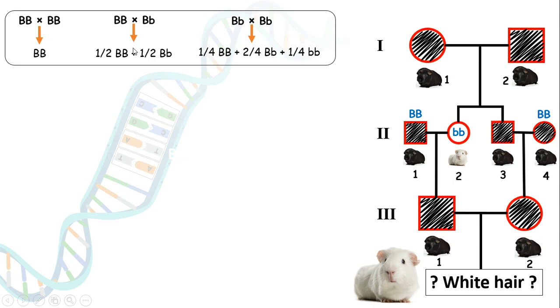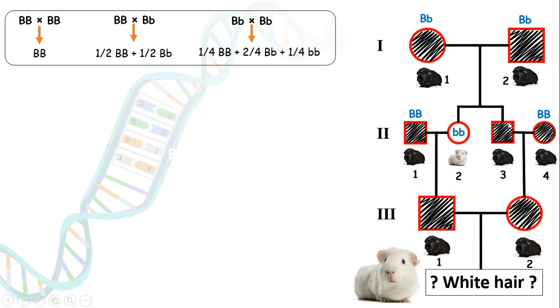And also this one cannot be true either, because there is no white hair offspring if they have these genotypes. So the only option we can accept is the fact that both of them have the heterozygous genotype. So we write this, both of them have the heterozygous genotypes.